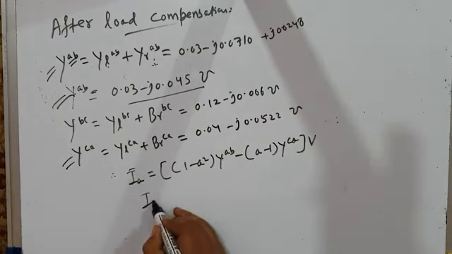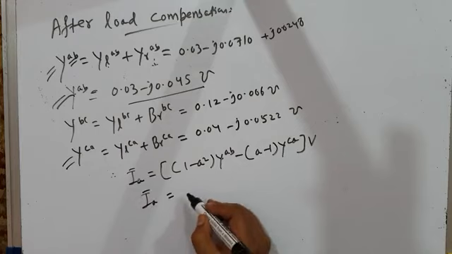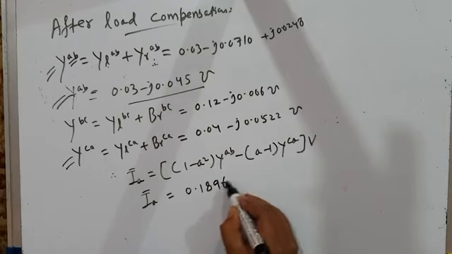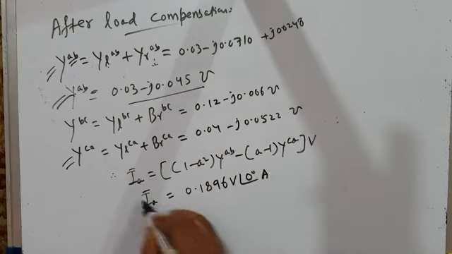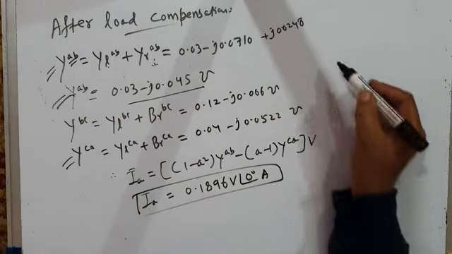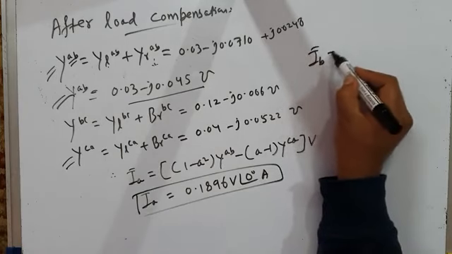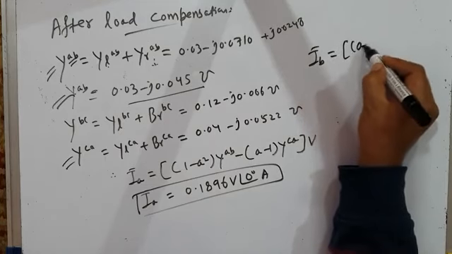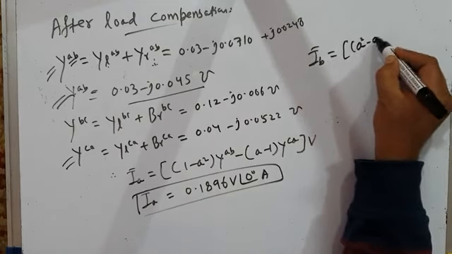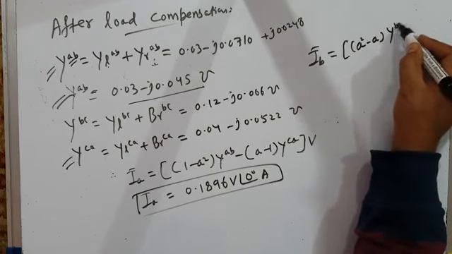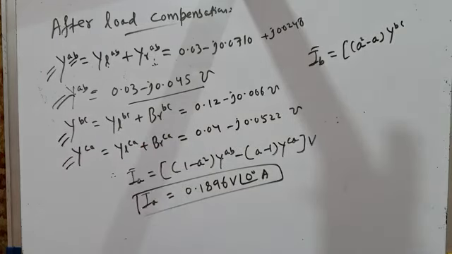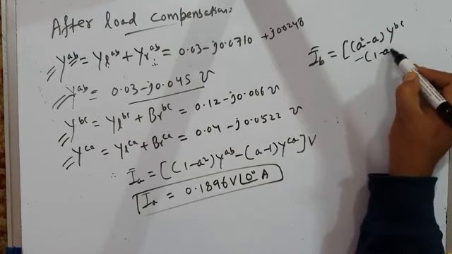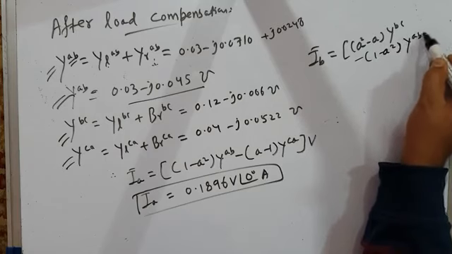Substitute the values and you will get line current IA, and as per my calculation, IA comes out to be 0.1896 V at an angle of 0 degrees amps. Similarly, you can find line current IB. As per the formula, IB is the same formula you used a little while ago, A square minus A, but YLBC has to be replaced by YBC, the total admittance, minus (1 minus A square) into YAB.